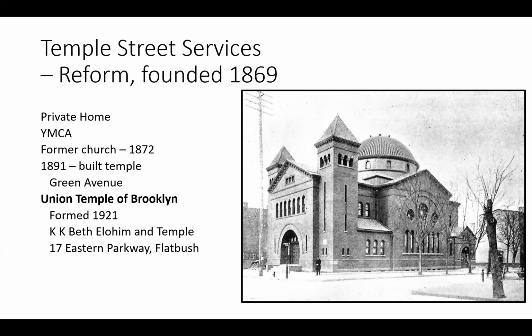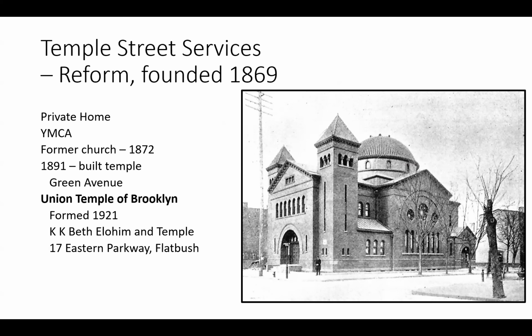This was another synagogue, 1869. As you can see, the Brooklyn community is growing, beginning in a private home, gradually renting a space in a YMCA, taking over a former church, 1872, and by 1891, they were wealthy enough and organized enough and populous enough to build their own synagogue.